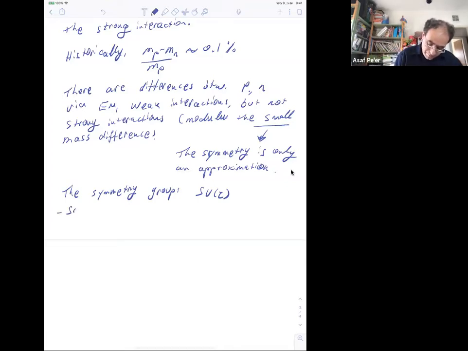The same mathematical structure as the spin, but otherwise they're not connected.